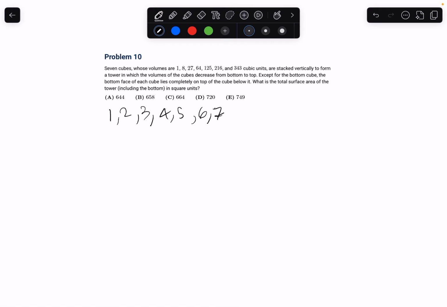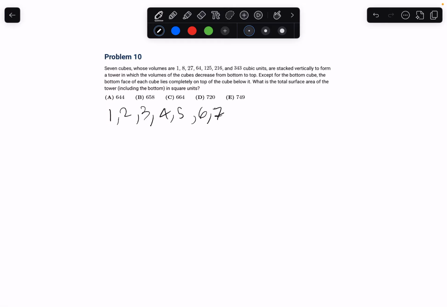And what we can do here is find the sum of all the surface areas of the cubes individually, and we can subtract what's being covered or what we have to not count after. So for the sum of the surface areas of each cube individually, we simply have 6 times the faces of all of the cubes added, since we can factor out a 6.